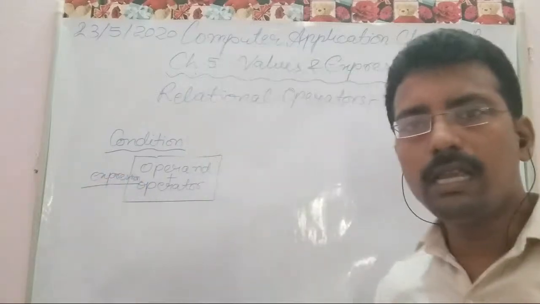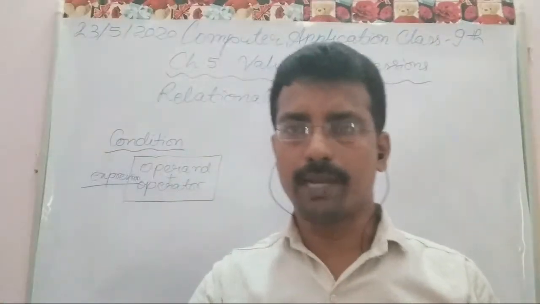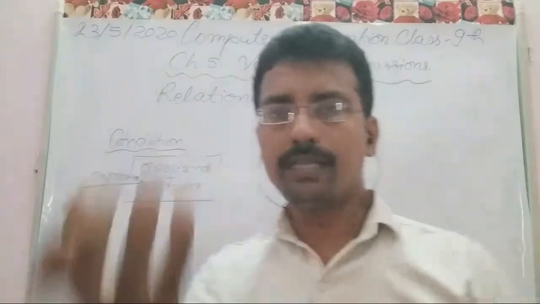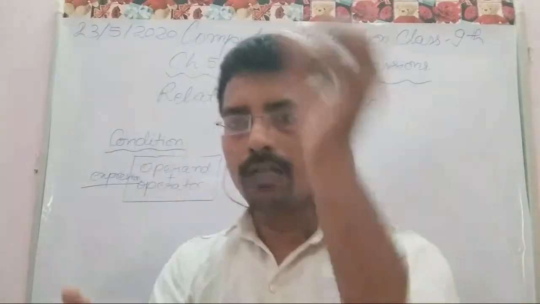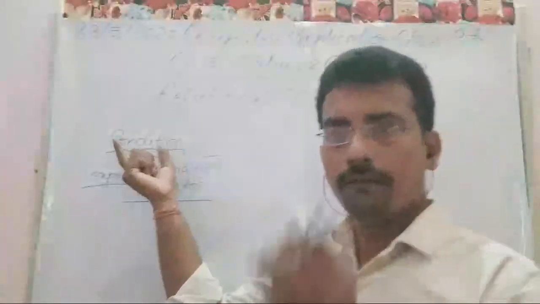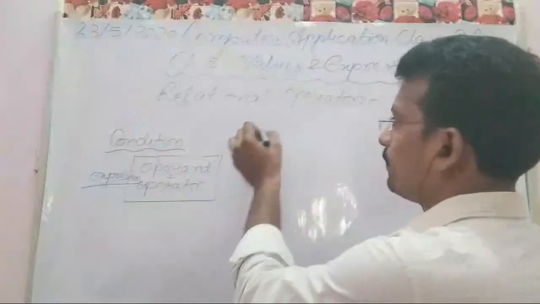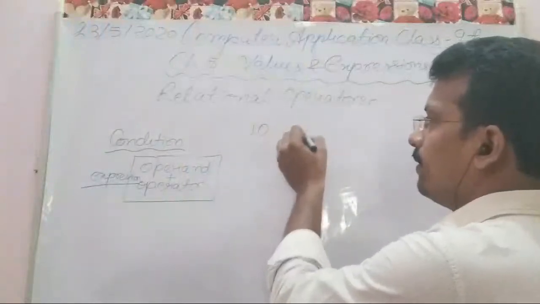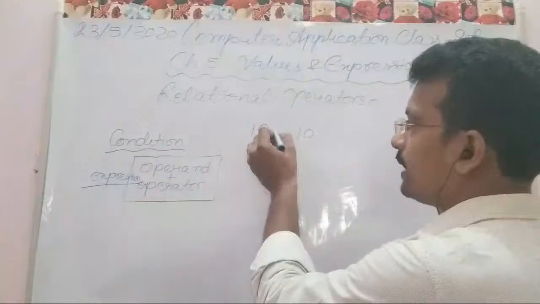And when any expression or statement allows us choices to perform a specific operation, it is called a condition. For example, 10 and 10, we have to compare them. 10 is exactly equal to 10.